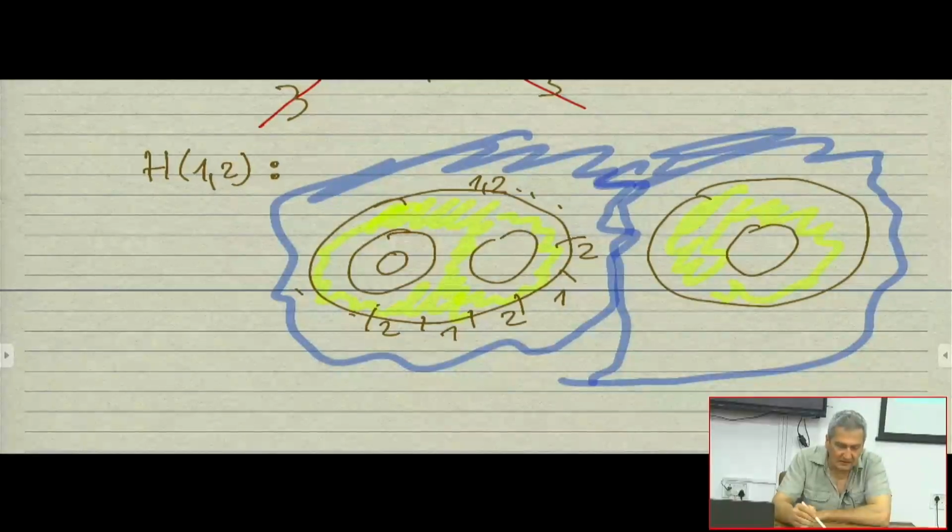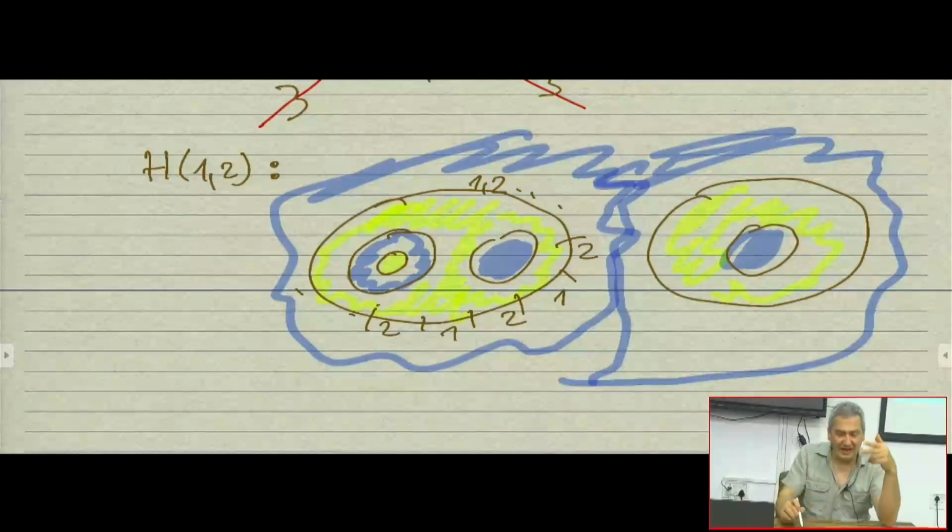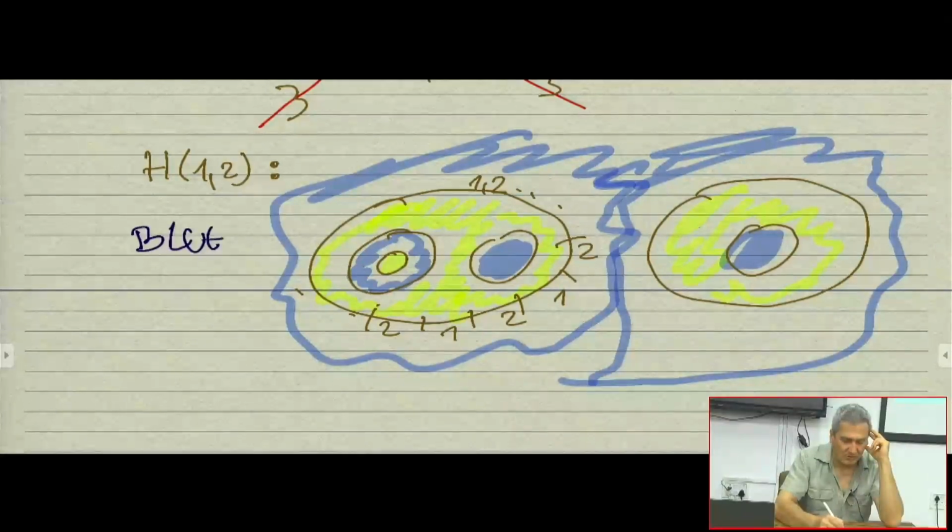Then I go inside again and color blue. I can go once more inside and color yellow. So I can color the faces of these cycles with two colors: blue, blue, and yellow.